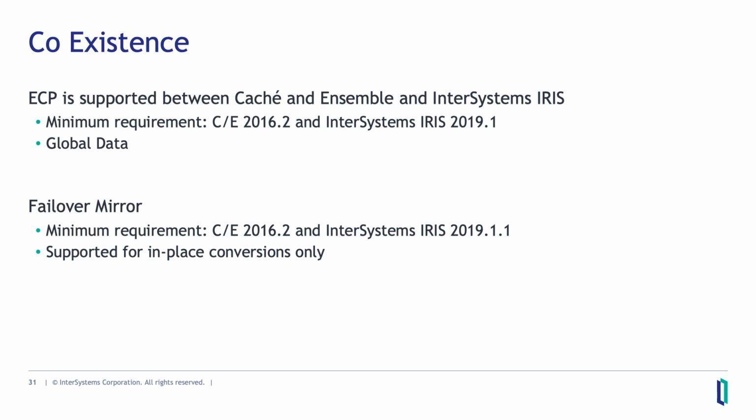But if you have an existing Caché and Ensemble instance and maybe you want to already participate in an InterSystems IRIS sharding environment, you can connect with ECP into this environment and therefore take advantage already of some of the InterSystems IRIS functionality prior to moving to InterSystems IRIS with your existing environment.